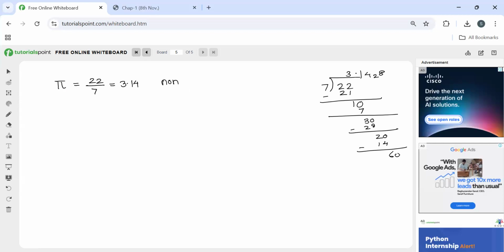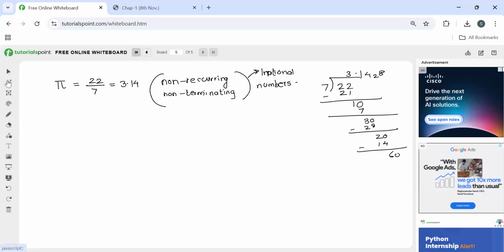The pattern is not repeating, which means it is non-recurring, and it is also non-terminating. It does not end anywhere. These types of numbers, which are non-terminating and non-recurring, are irrational numbers.